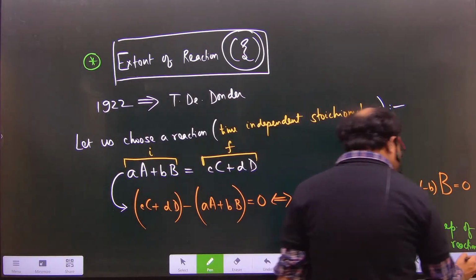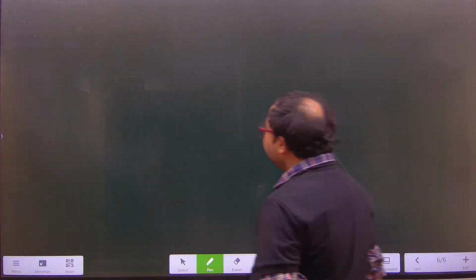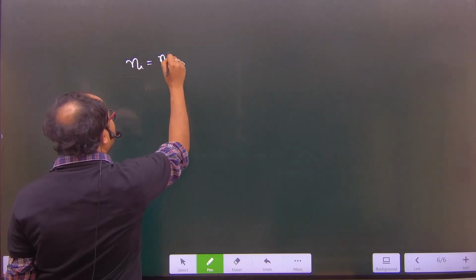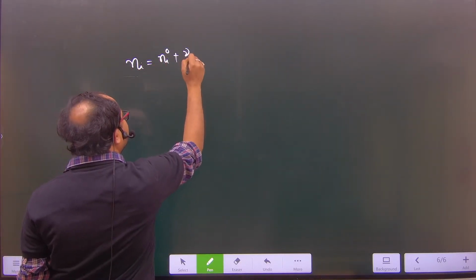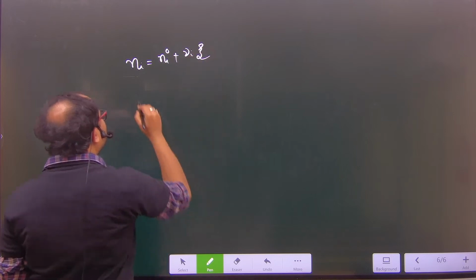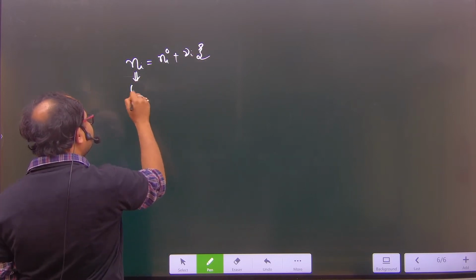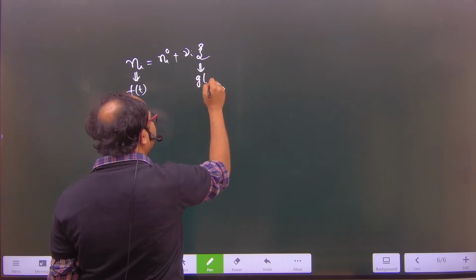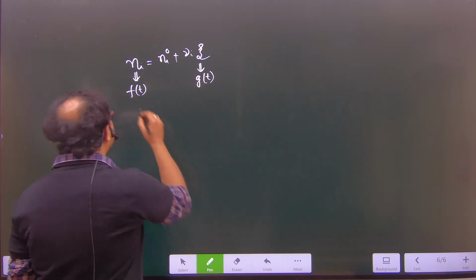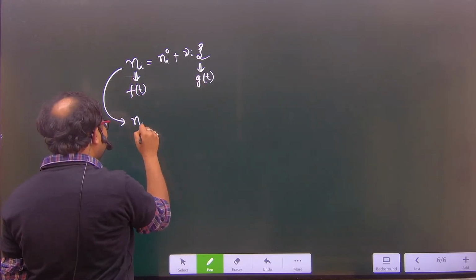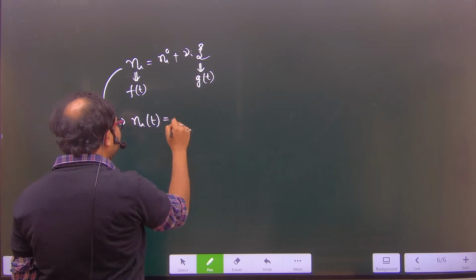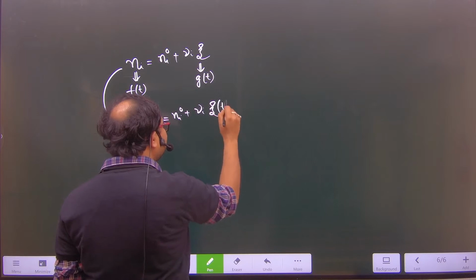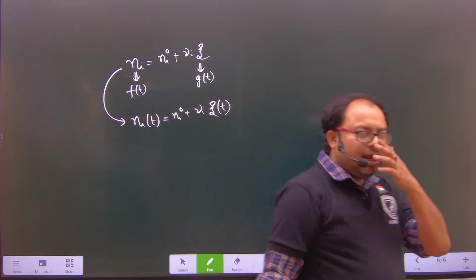And the equation is given by Ni equal to Ni0 plus nu i Xi, where Ni is a function of time, Xi is also a function of time. So write it in this way: Ni as a function of time equal to Ni0 plus nu i Xi as a function of time.